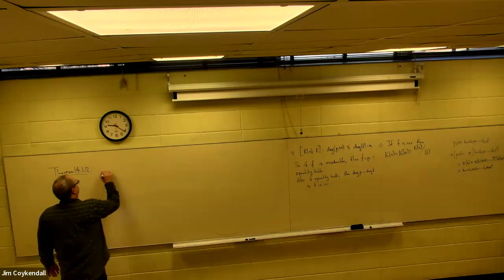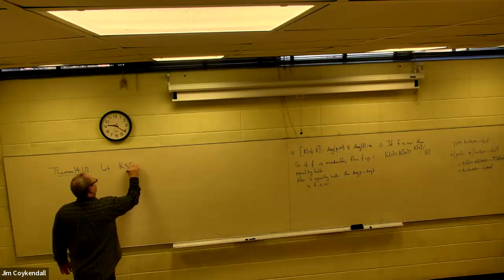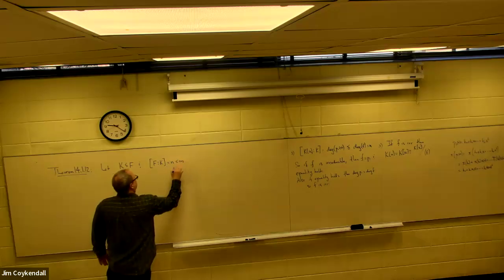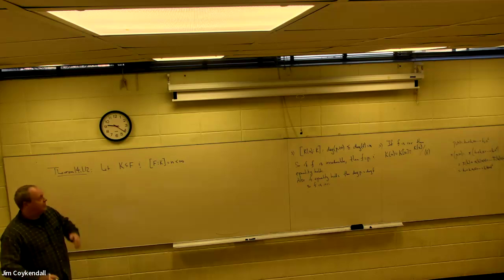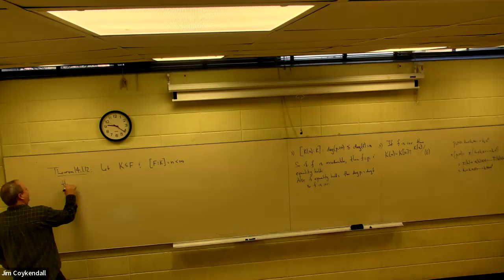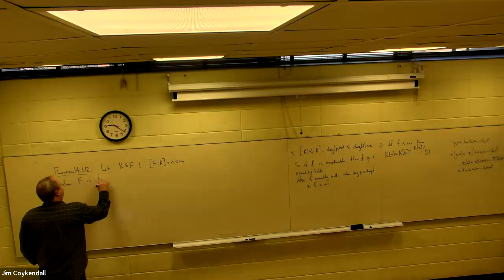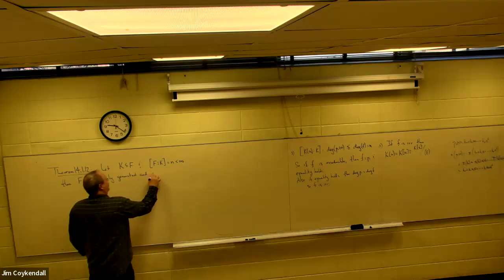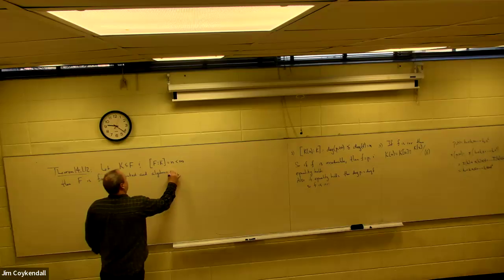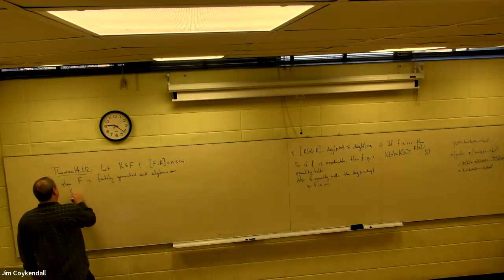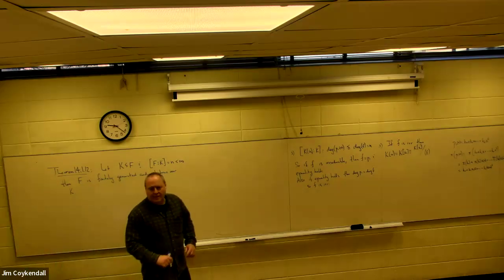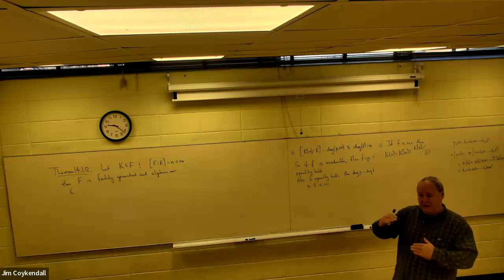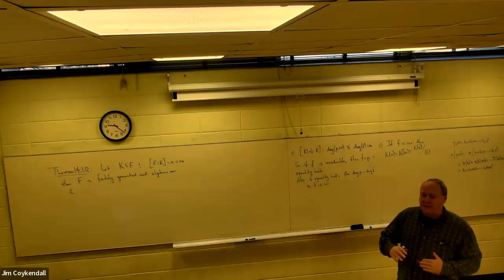Suppose F is a finite extension of K. Then F is finitely generated and algebraic over K. So this is a very, very cool result, because it says if you have any field and you have a finite extension of it, then that finite extension is very nice.